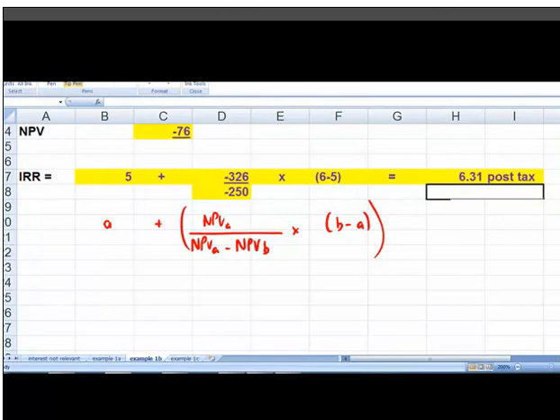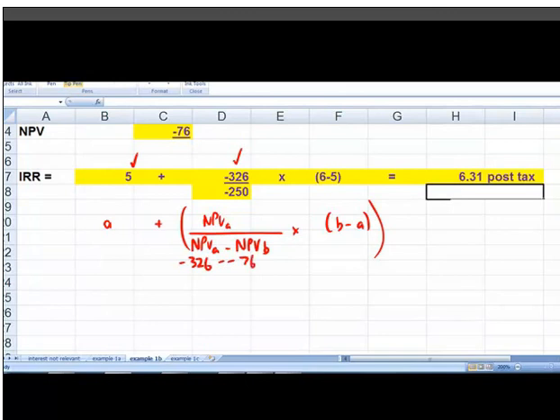So that's an addition of 76 because you're subtracting a negative. Times B minus A, well that's 6 minus 5, so that's multiplying by 1. And that should give you 6.31%. Adding 5 as your last step.